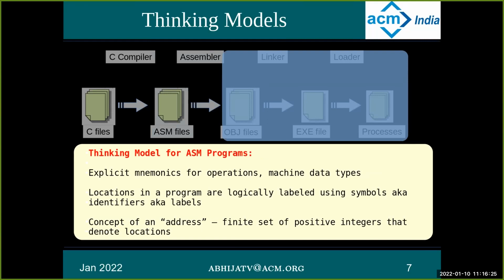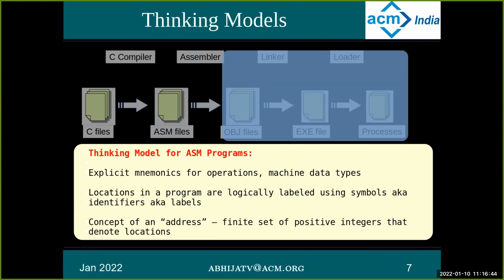As far as assembly programs are concerned, the operations which were in some sense logical, that is very much near the human level, are now explicit in terms of mnemonics, and the data types are machine data types.